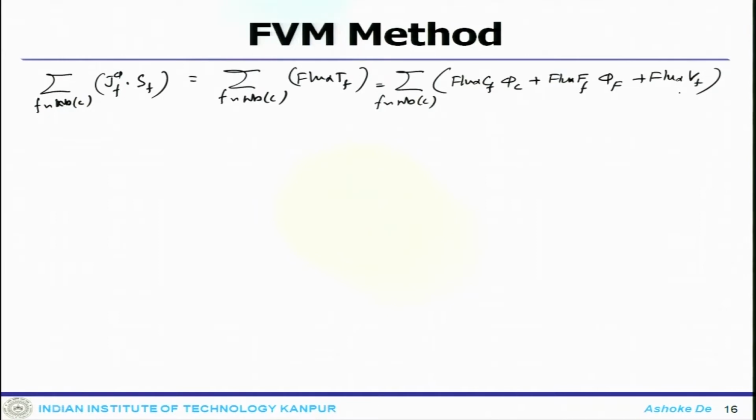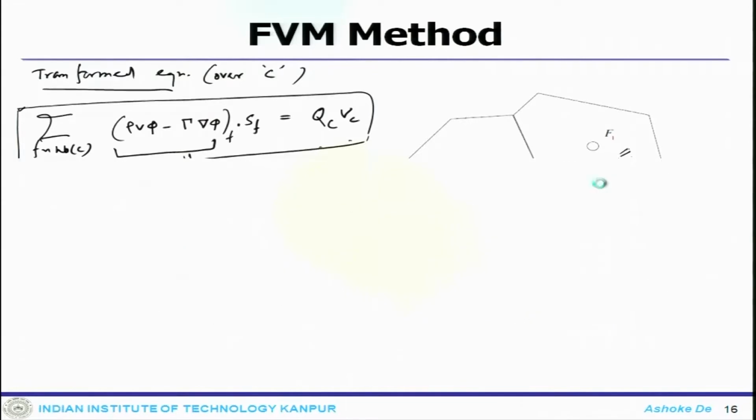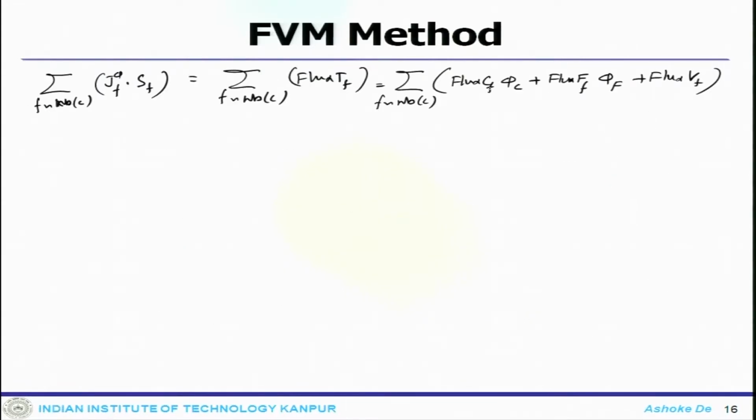That means, if I come down to face 1, this would be the coefficient of C1 phi_c, coefficient of F1 phi_f, flux V1. Okay. So, for all the faces you can write this down, and then I have the source term Q_C V_C equals essentially the total flux. Okay.